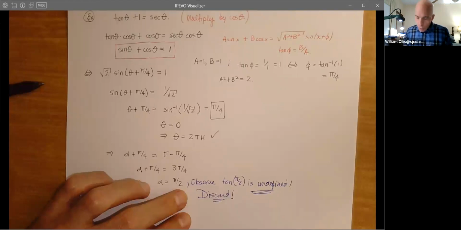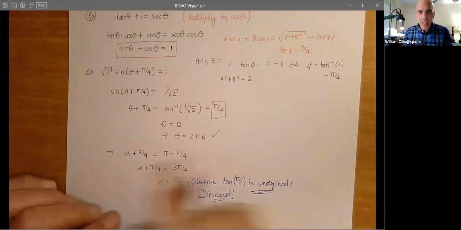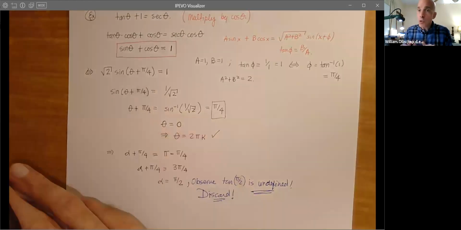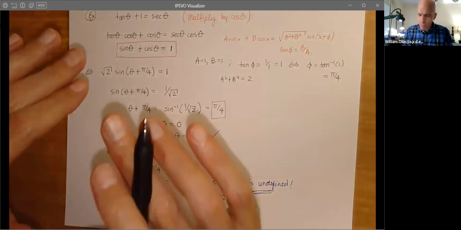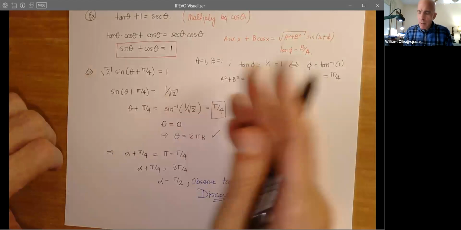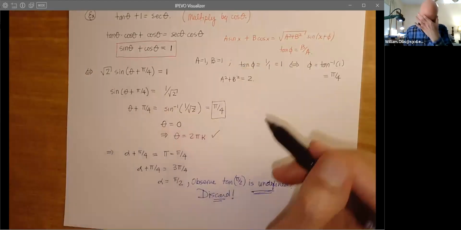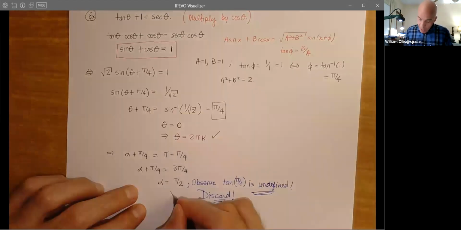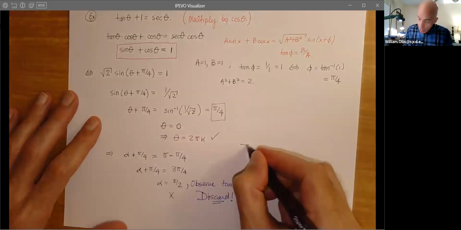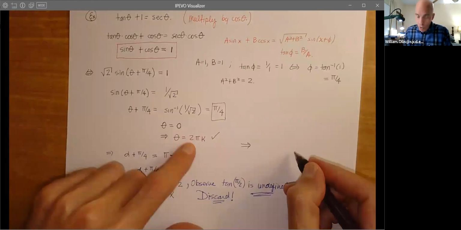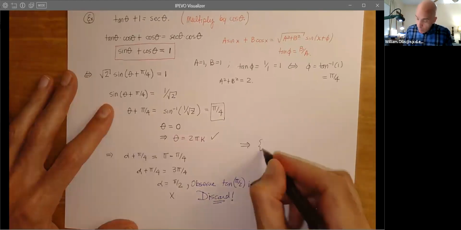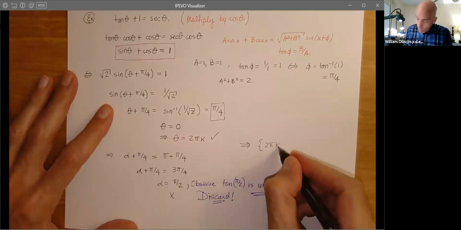So when you do this kind of technique, or if you squared things, which would have been much busier than what I've done here, you're still going to have to look for extraneous solutions. So now we can say, well, we discard this. So this implies that the only case that gives us anything that works are all integer multiples of 2 pi.